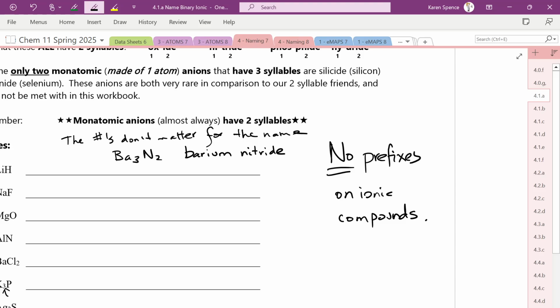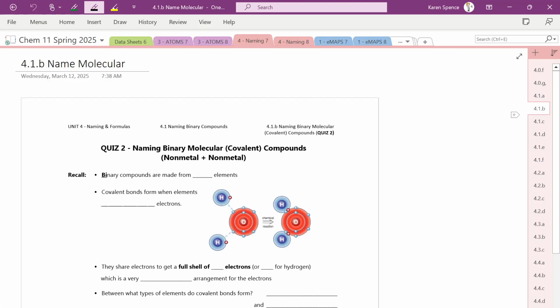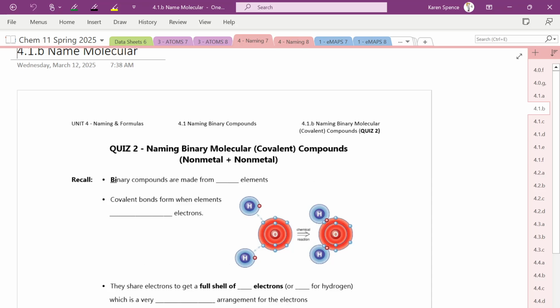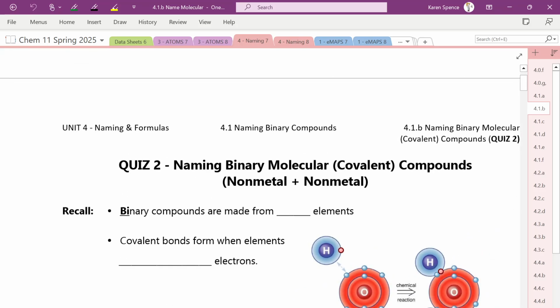So those are your ionic compounds, and we're also going to take a look at our covalent compounds. And this is on page 12. So if you remember ionic compounds, no prefix. Covalent compounds, yes, prefixes.